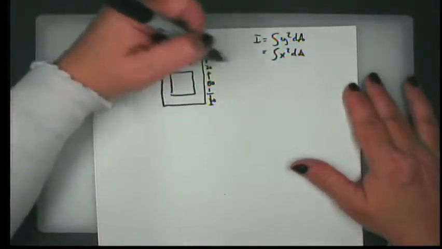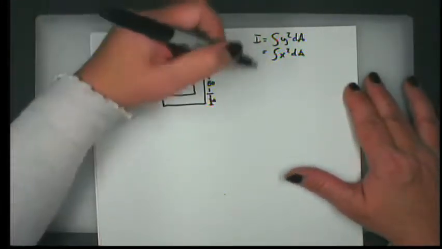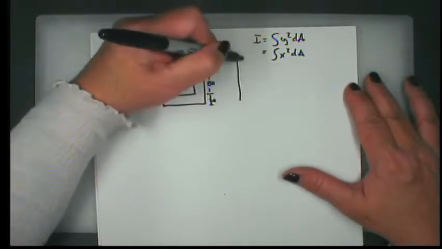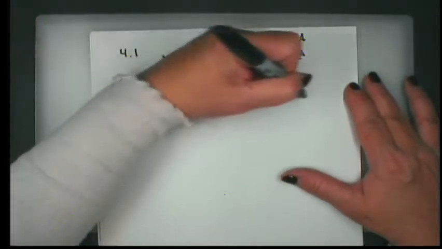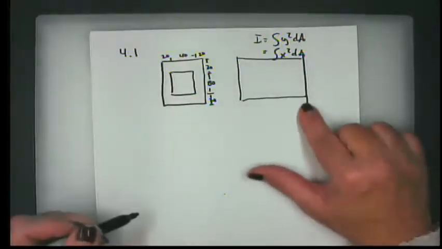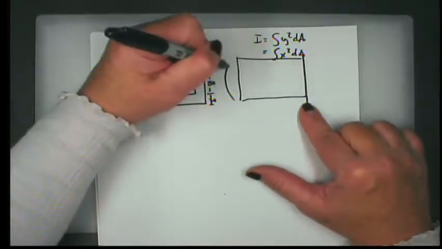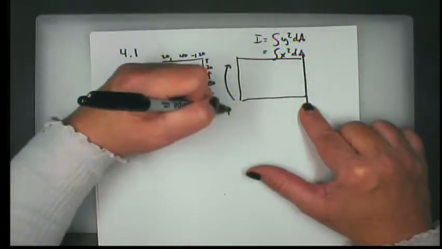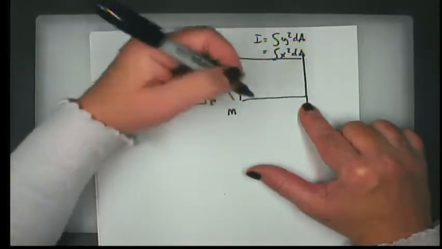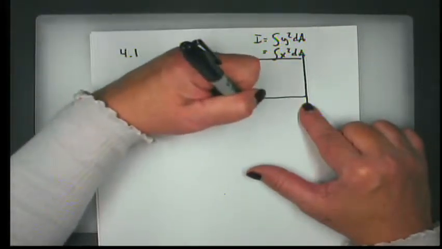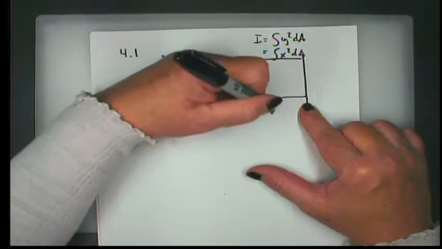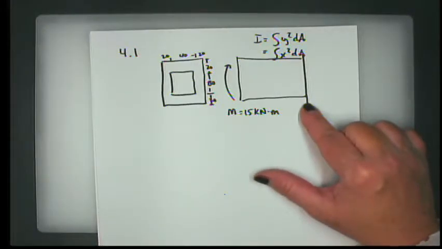Okay, so we're told here that the cross-section looks like this, and that basically this structural member is extruded from a wall. The moment is applied in this plane, and that moment has a magnitude of 15 kilonewton meters. Right?